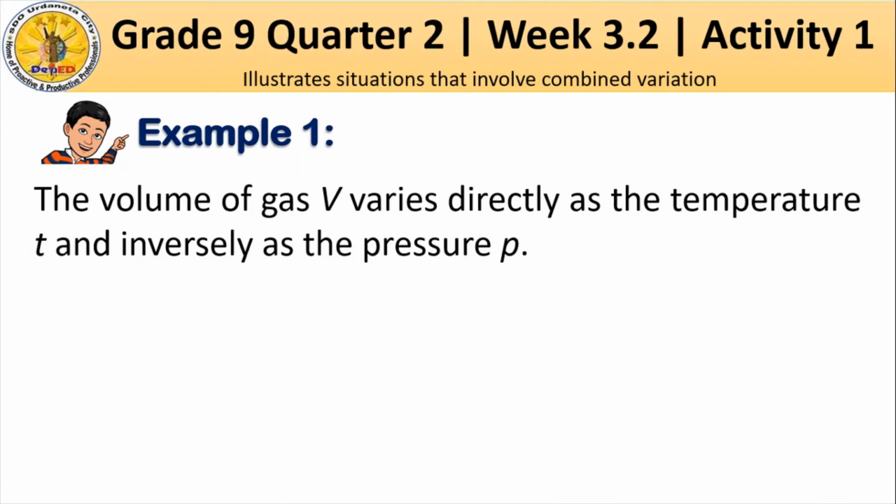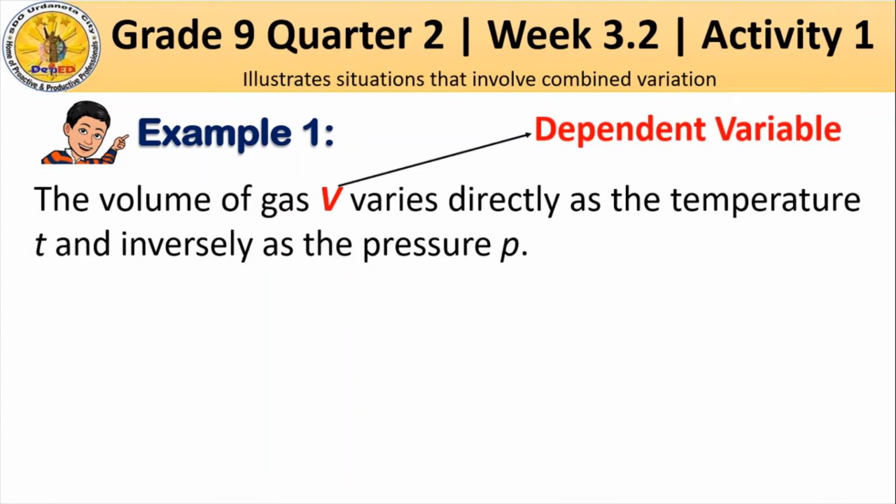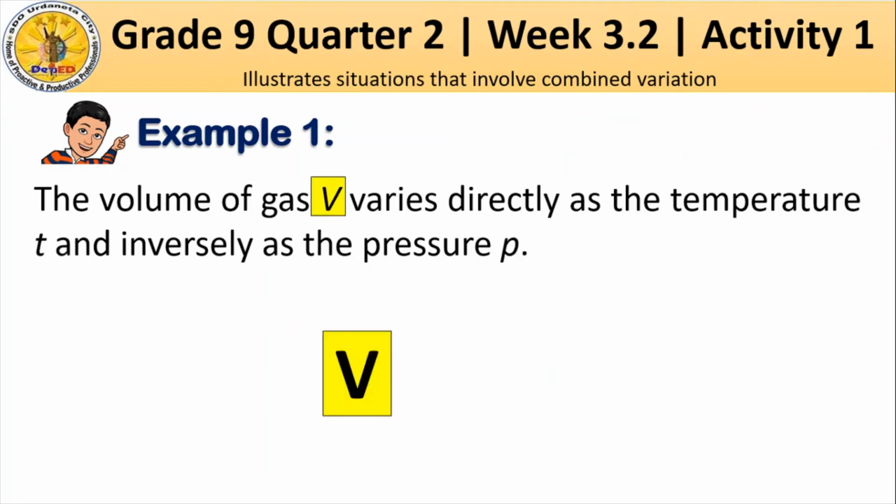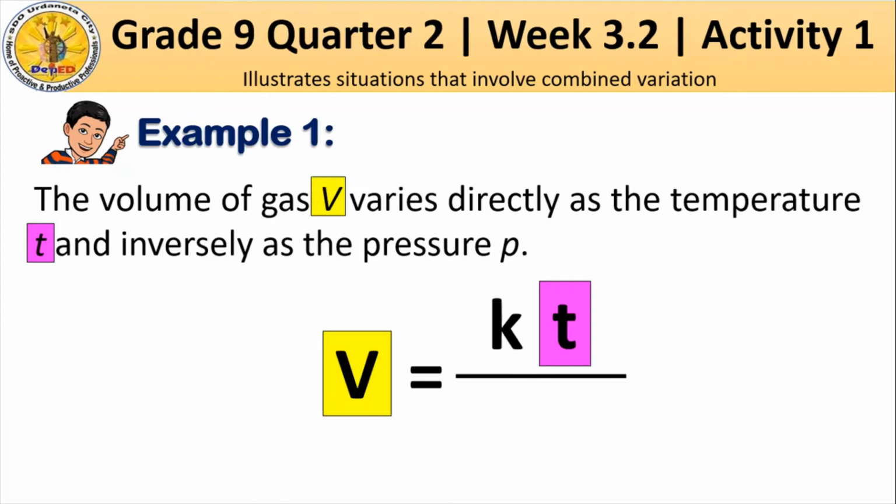For this case, variable V is the dependent variable, while T and P are the independent variables. With this, we could translate this situation as V is equal to K times T all over P.